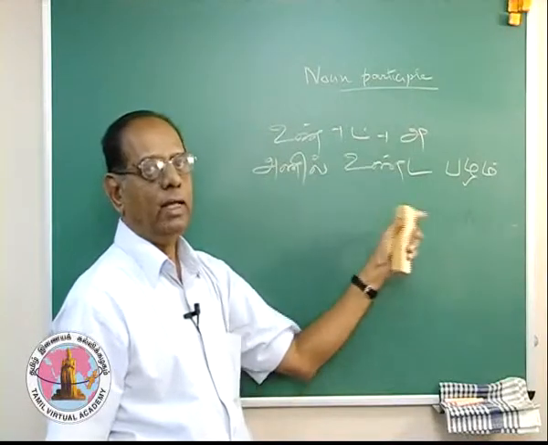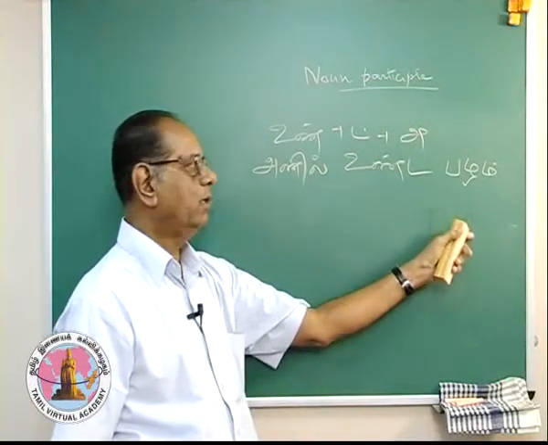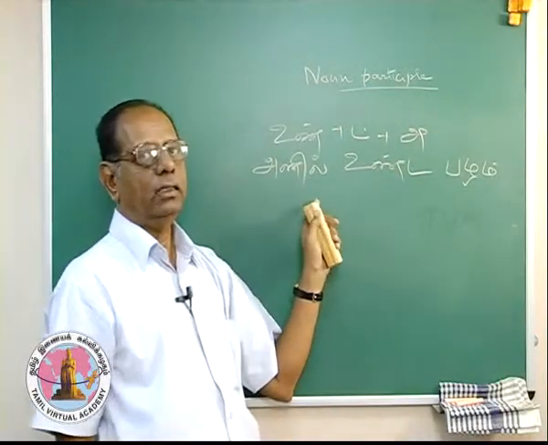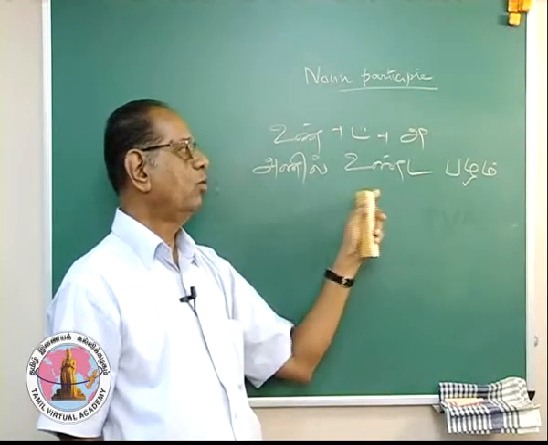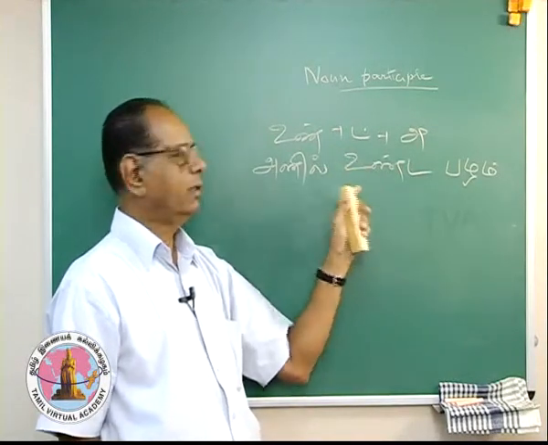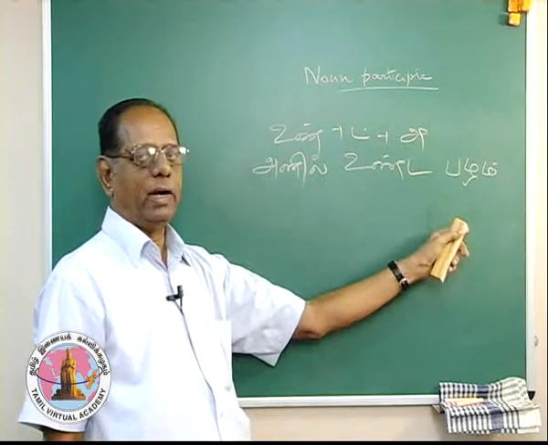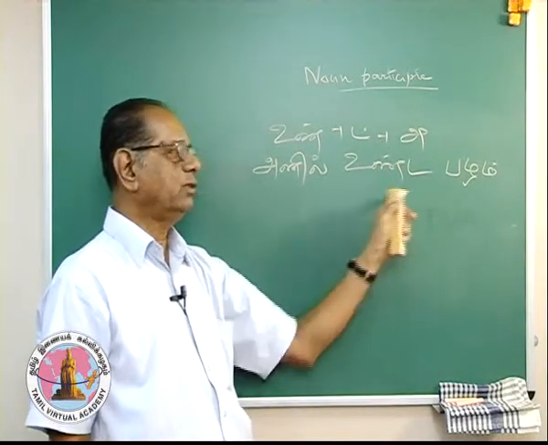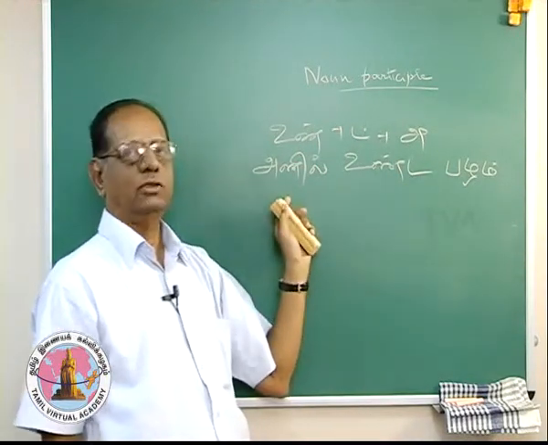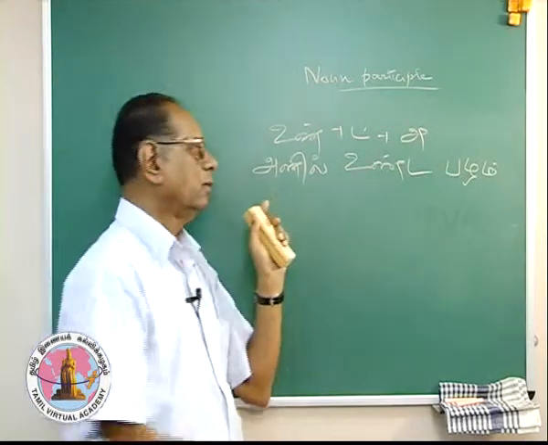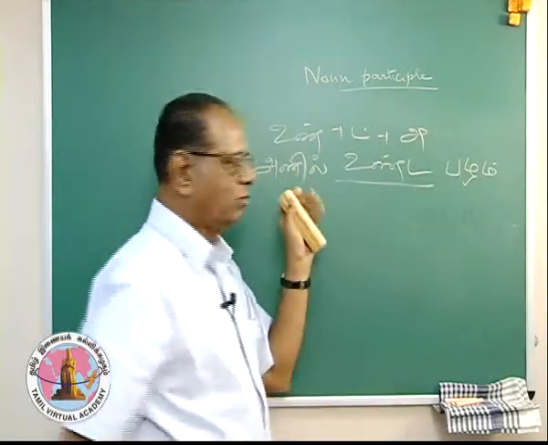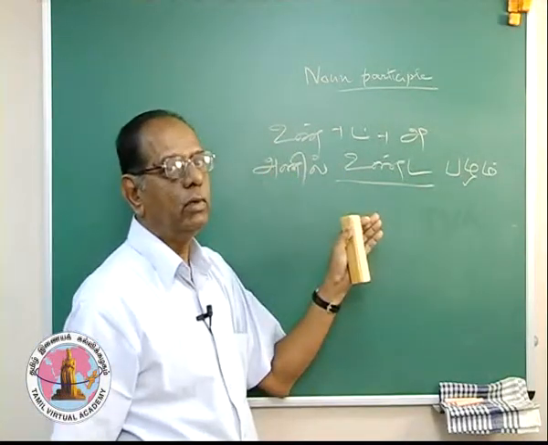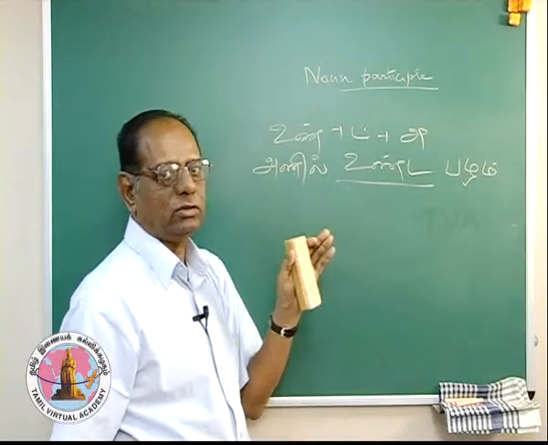Anil unda param. Param, fruit. Anil, a squirrel. Unda, having eaten. Anil unda param, the fruit that was eaten by the squirrel. Now you can say, can a squirrel consume the whole fruit as such?